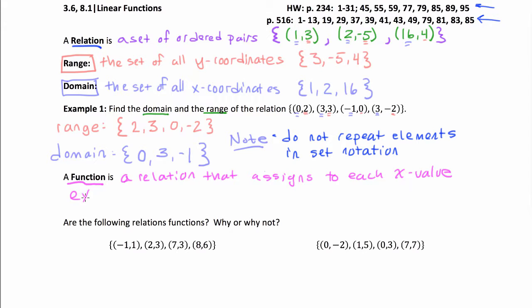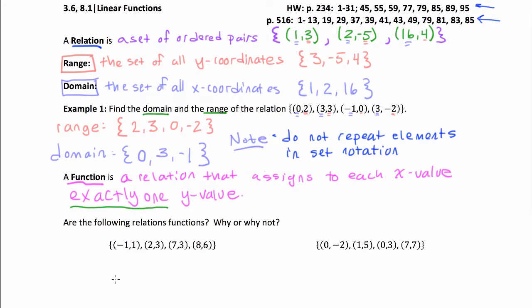So exactly one y value. And that is the big concept here, this idea that it's exactly one y value.